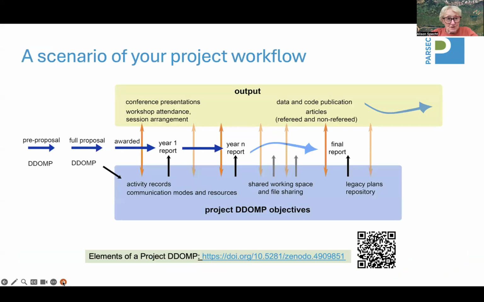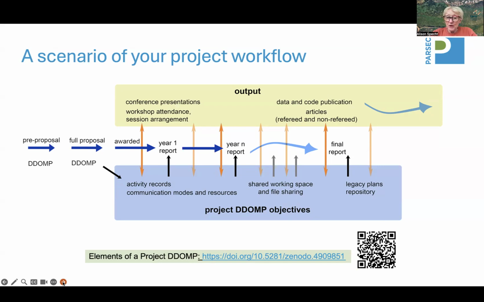Now, in this series of modules, we've been using a scenario of your project workflow as part of the Belmont Forum process. You may be at pre-proposal, you may have been invited to put in a full proposal, you may have been awarded a project and you are just starting to get all your ducks in a row, or you may be some years on, because these projects may be short or they may be long.